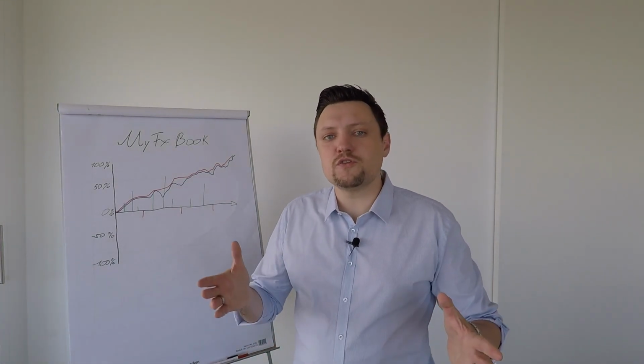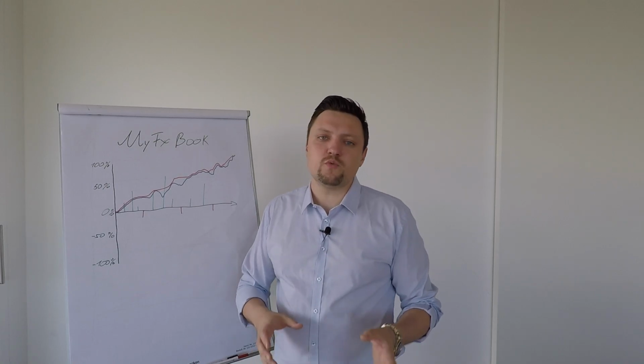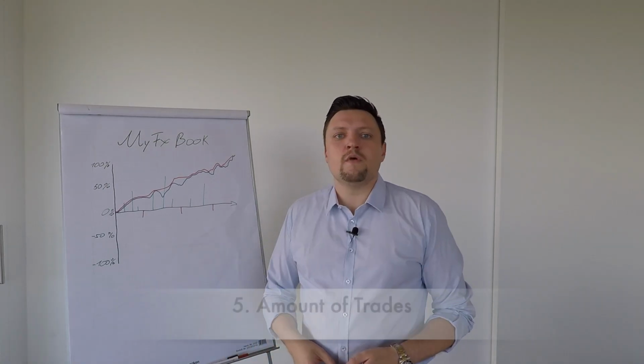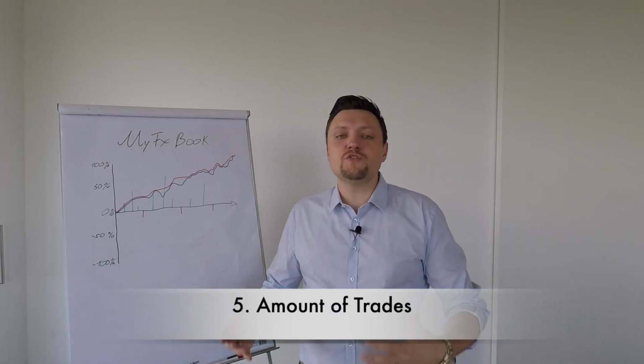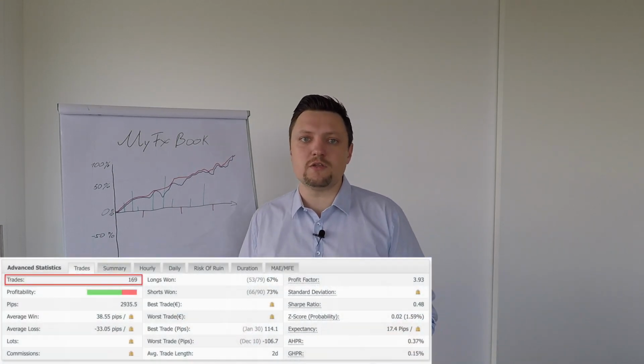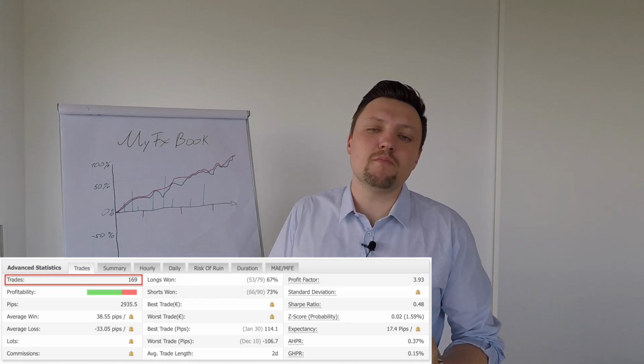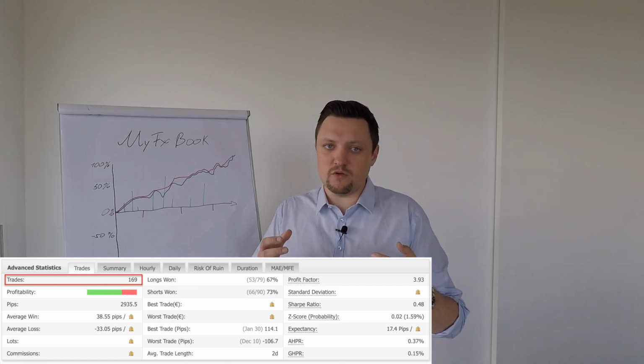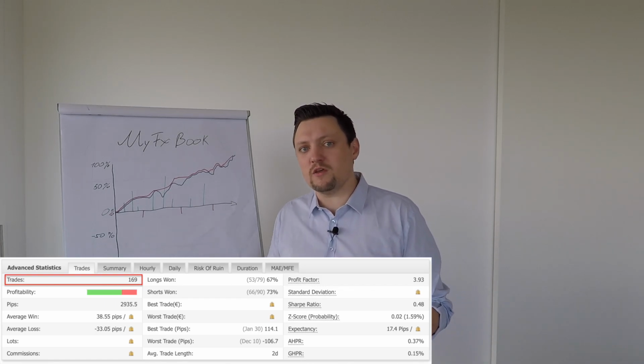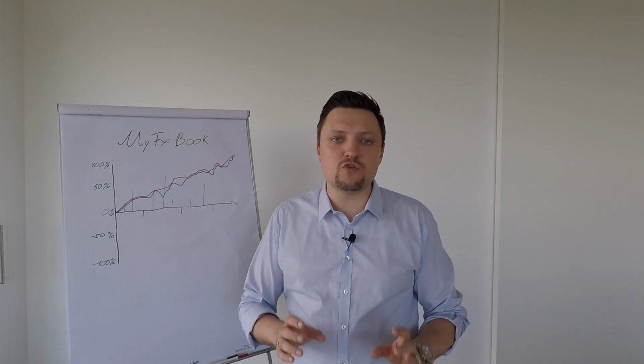But there are also some less important points where you should take a look. For example, on the bottom you see the amount of trades that were done in this period. My personal opinion and my experience showed me that the really good profitable trading is done with very few trades.